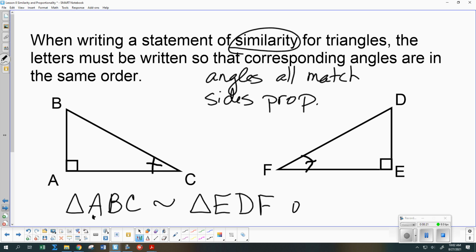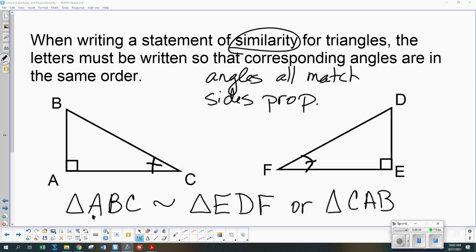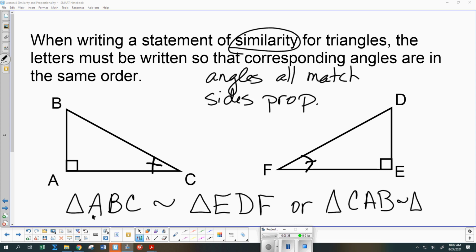Now I could have done something like, what if I wanted to start with, I don't know, CAB on the left? That would be okay as long as I change the things on the right to match.